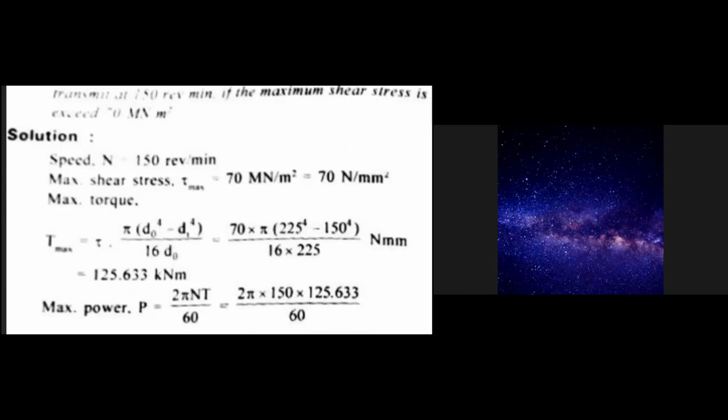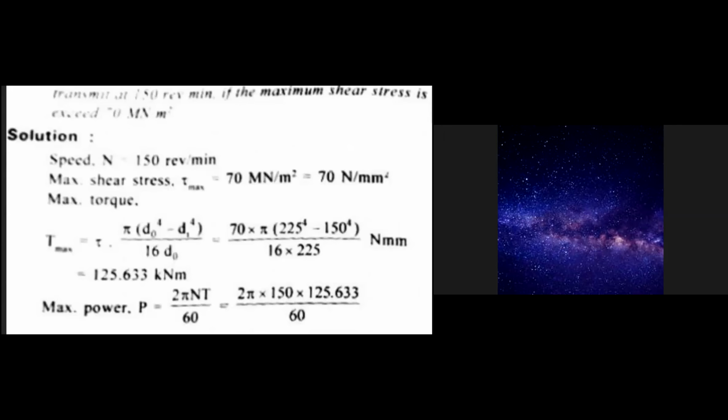And for maximum torque of hollow shaft, T max is equal to tau into pi into d naught power 4 minus di power 4 by 16 d naught.